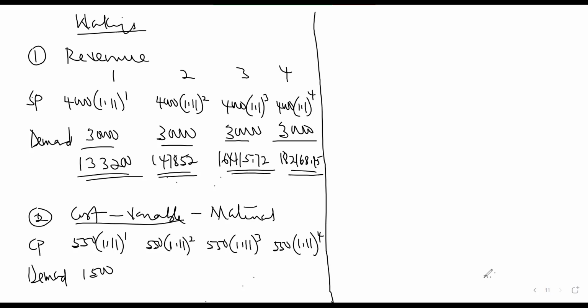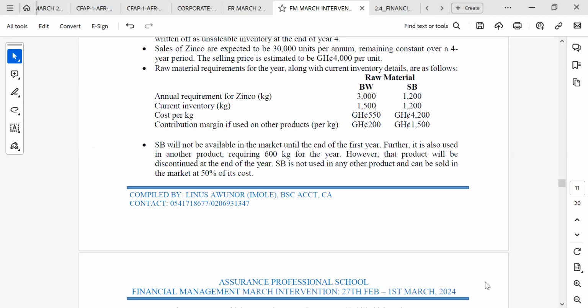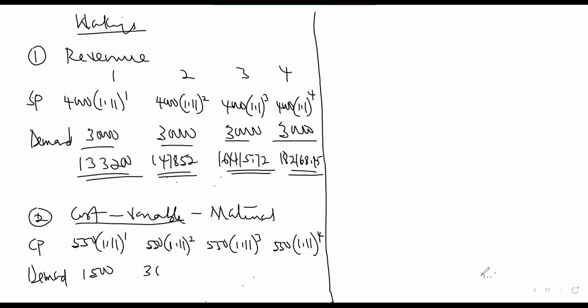But in the subsequent years, what will happen? We'll be buying 3,000, isn't it? Okay. For the subsequent years, we'll be buying 3,000. So we'll be paying for them. So they will be treated as what? As a future cash flow. Okay. All right. So you find their cost one by one.